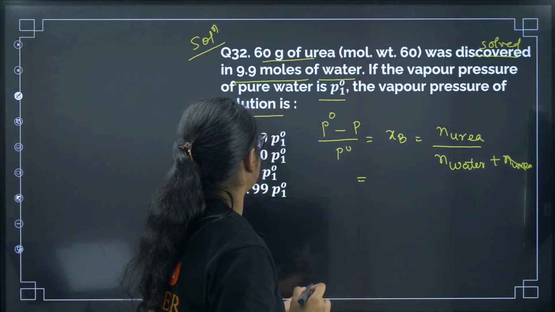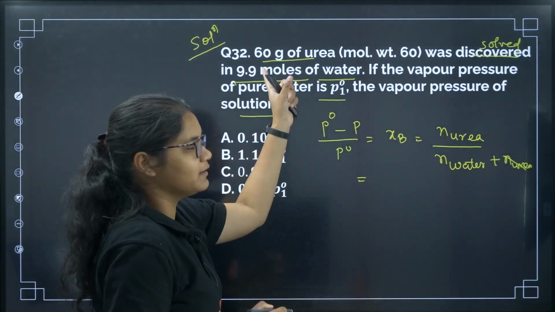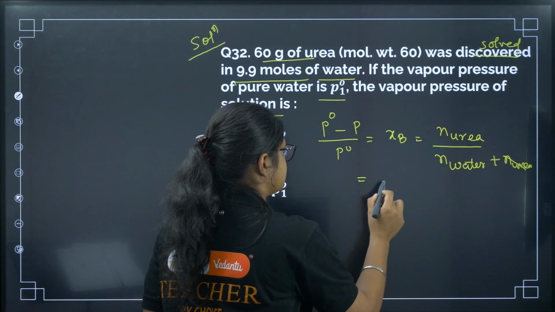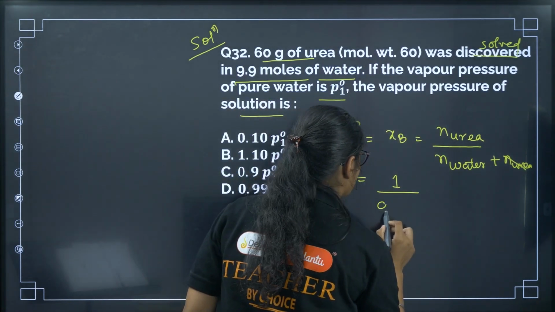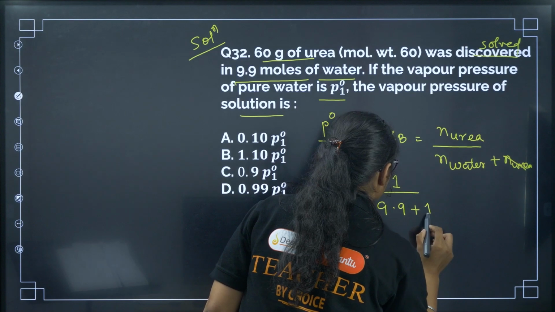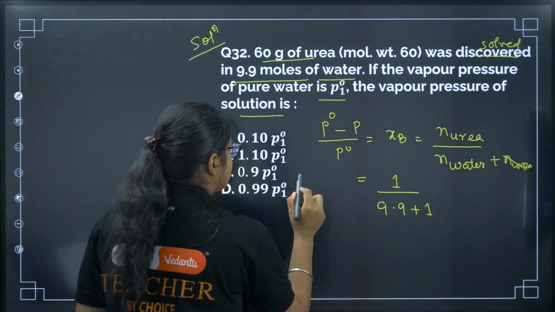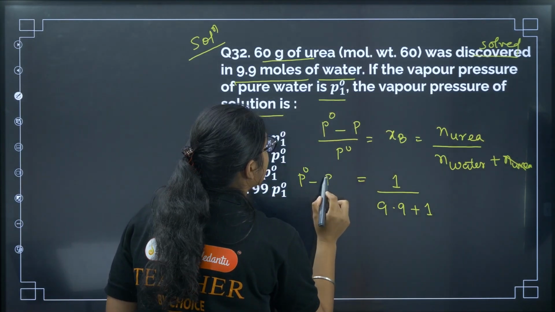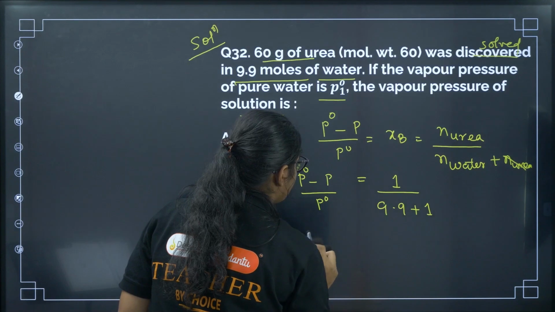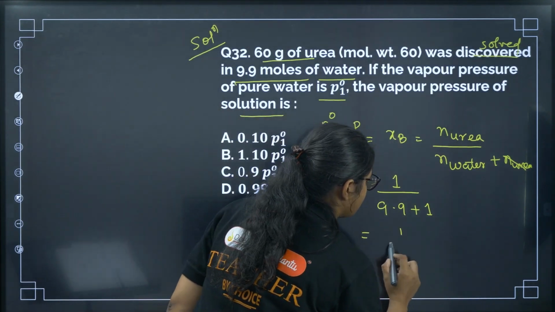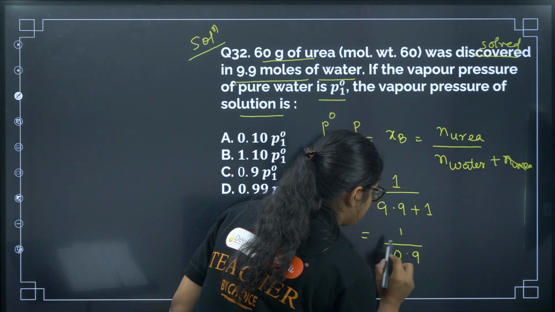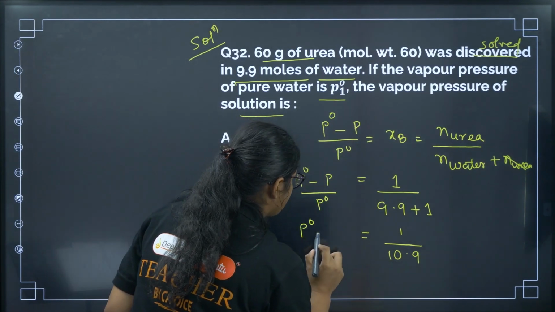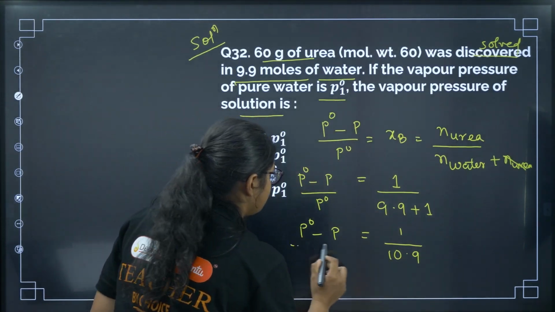Now if you see number of moles, the molecular mass is 60, given mass is 60, so number of moles of urea is 1, divided by 9.9 moles of water plus 1 mole of urea. And here we have (P0 minus P) by P0. Now if I solve this, I'll get 1 by (9.9 plus 1), that is 1 by 10.9, equal to (P0 minus P) by P0.